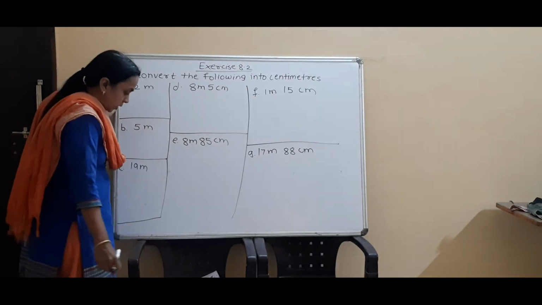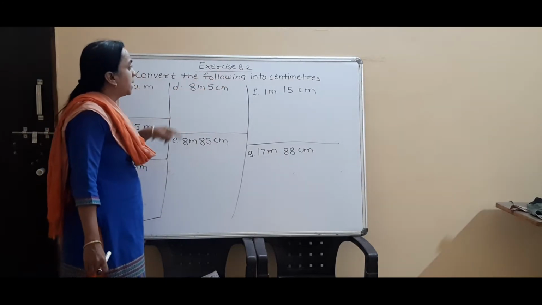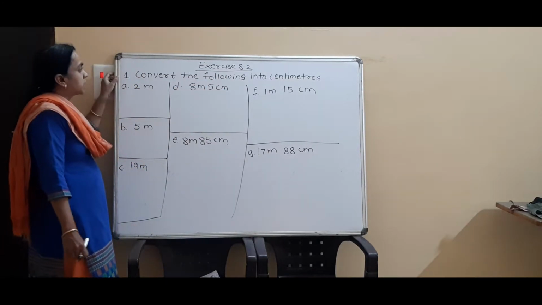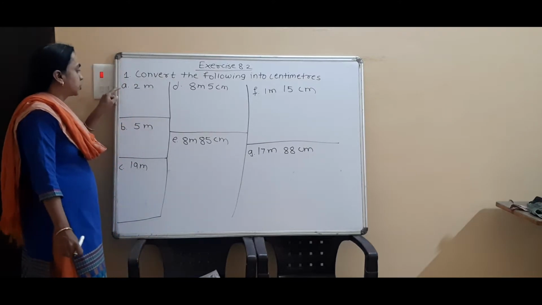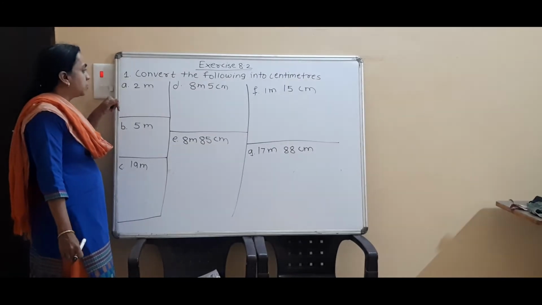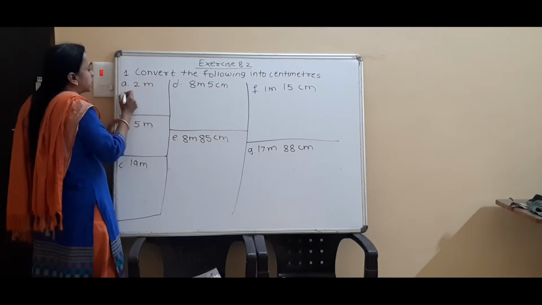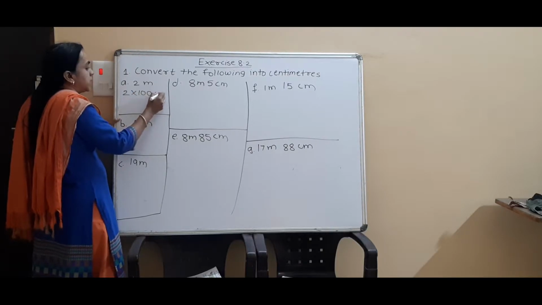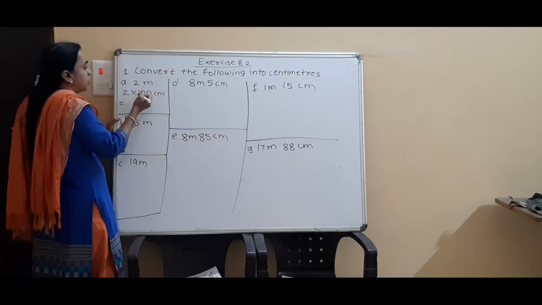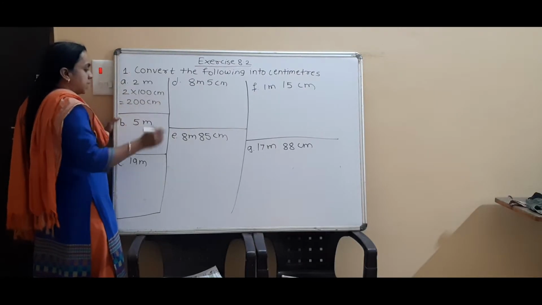Yes, now we have to see page number 138, exercise 8.2. So what is the first question? Convert the following into centimeters. So we have to convert it into centimeter. So first question is what? 2 meter. So 2 multiplied by 100 centimeter equal to 200 centimeter.